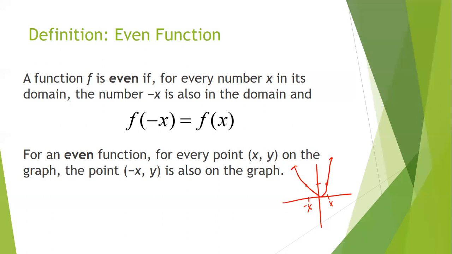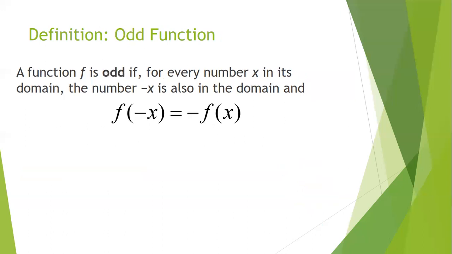All right. Next, a function f is odd if for every x in its domain, -x is also in the domain. However, it's different. So f of -x has to equal -f of x. So the y is negative. The y's are opposite.